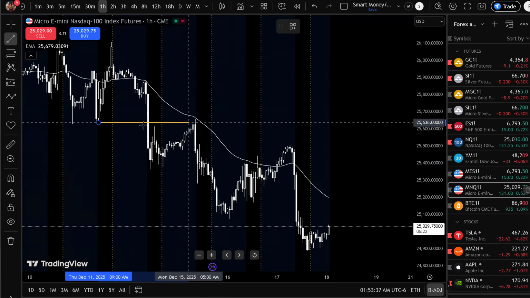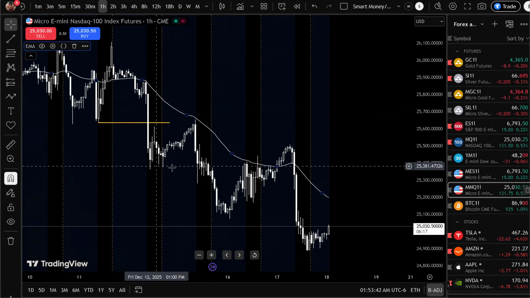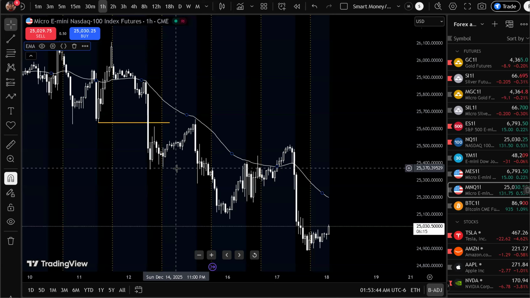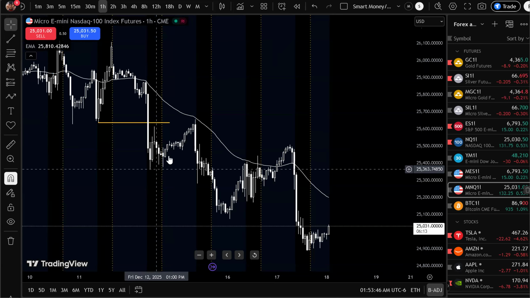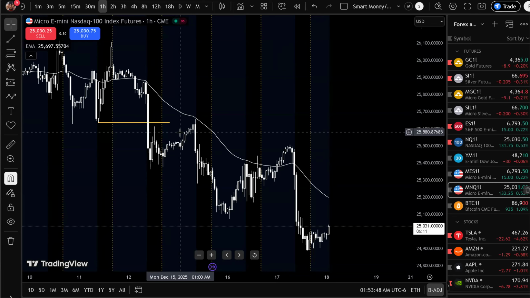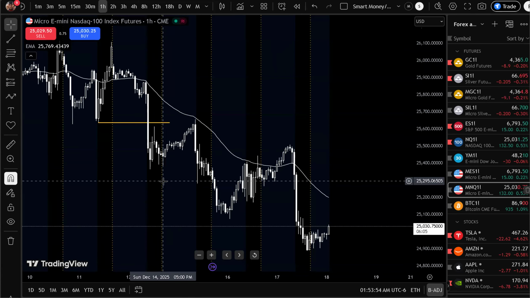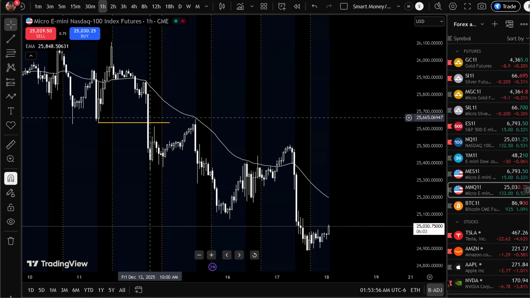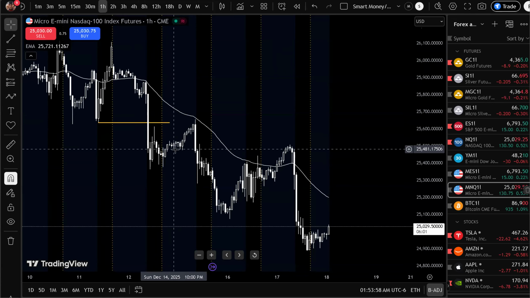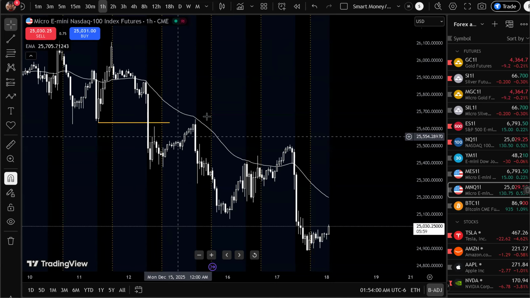Right up in there. Price broke this and gave us a bearish indication. As price starts to correct, you start looking for areas within the range from the high to the low where liquidity is, where price can potentially give you an entry.